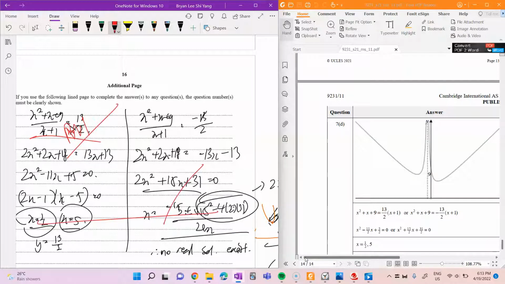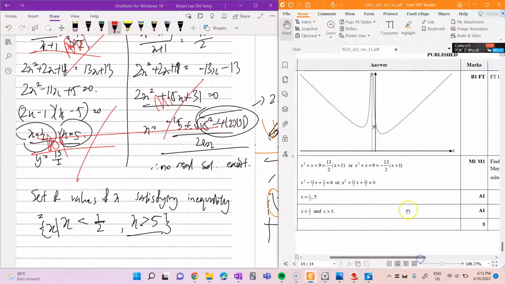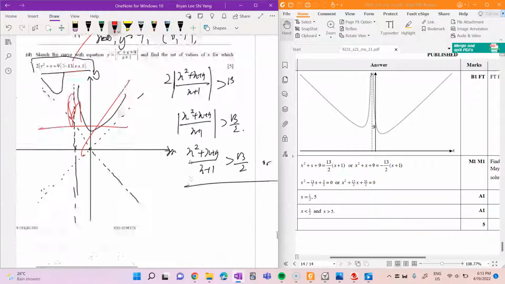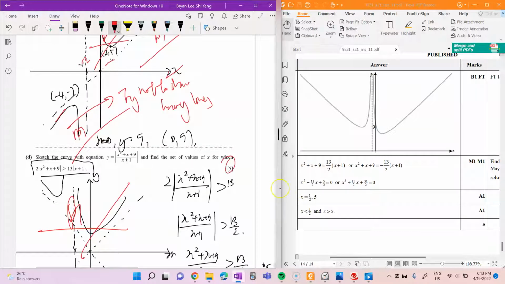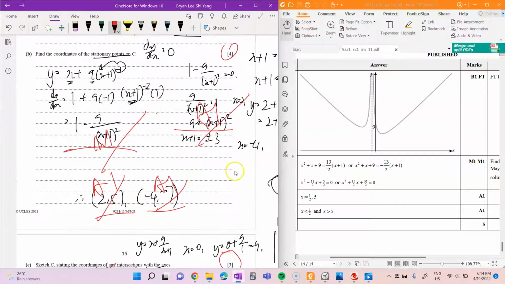And then I did another for this one also, so another M1. Then x equals half and 5. I saw this, so this would be, I think, an A1 over here. This is A1, correct. And then the range, this is also A1, so I think I'll reward myself full marks for this question.